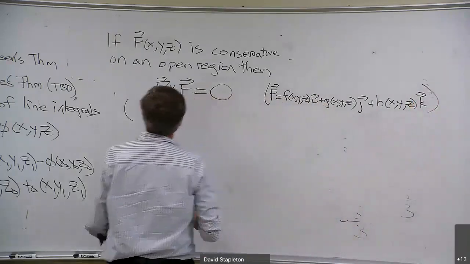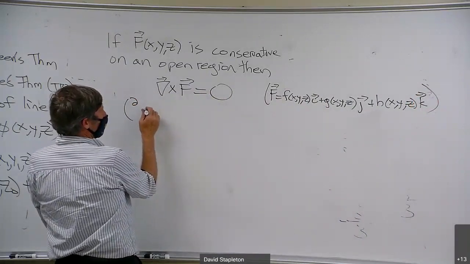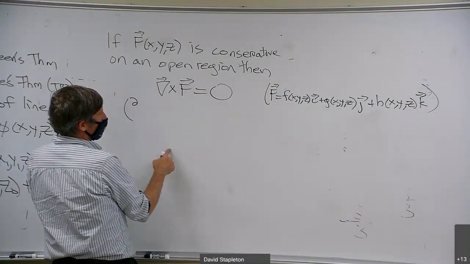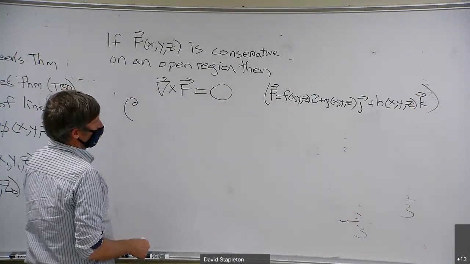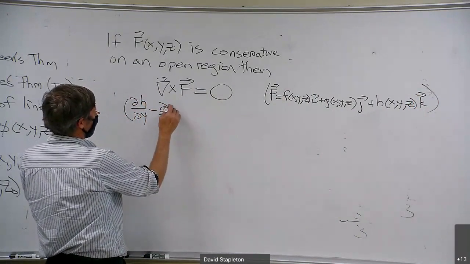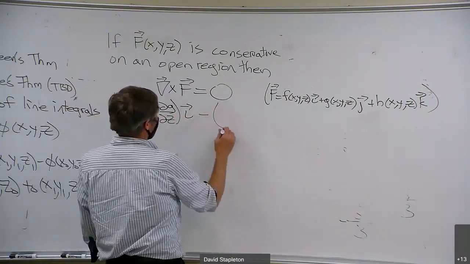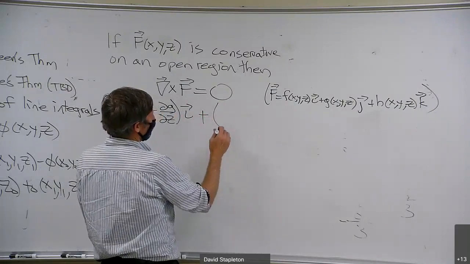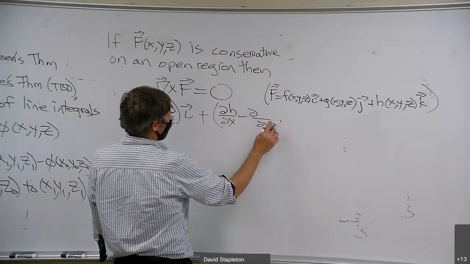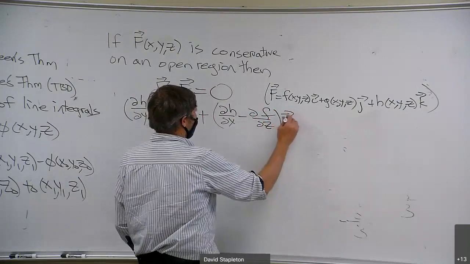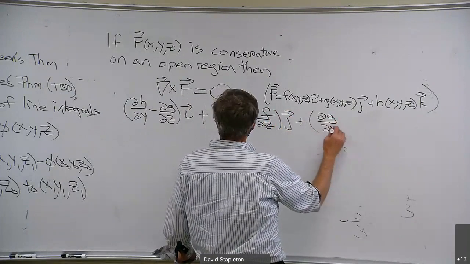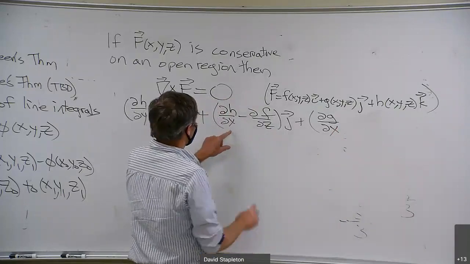For that F, what you want is, let's see, the partial of h with respect to y minus the partial of g with respect to z, i, plus, or minus, the partial of f with respect to z minus the partial of h with respect to x, j.